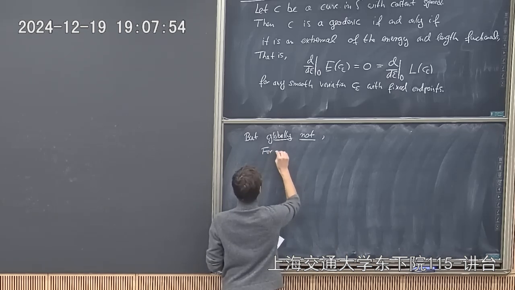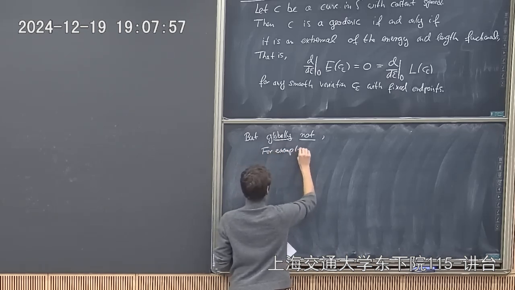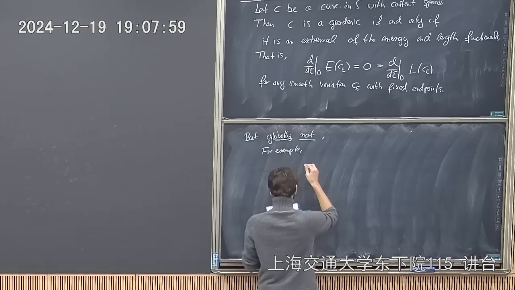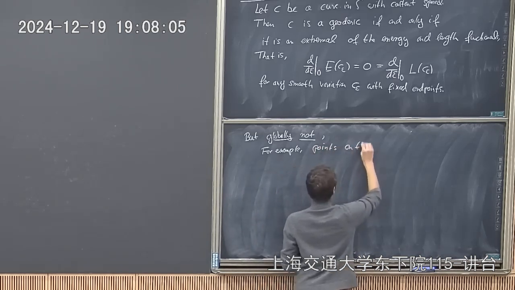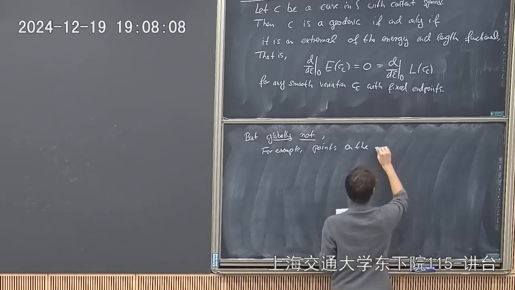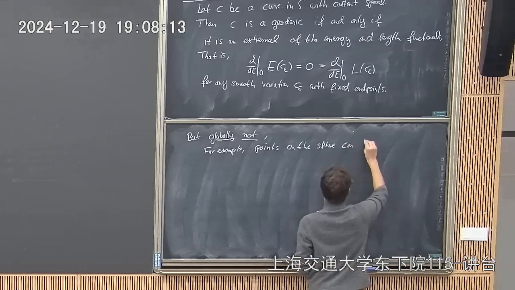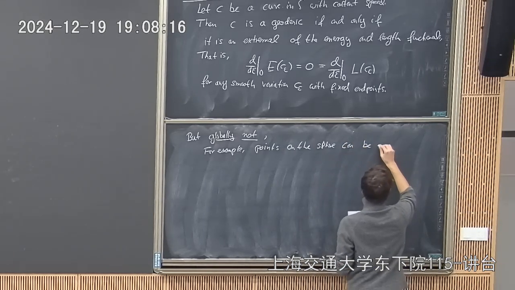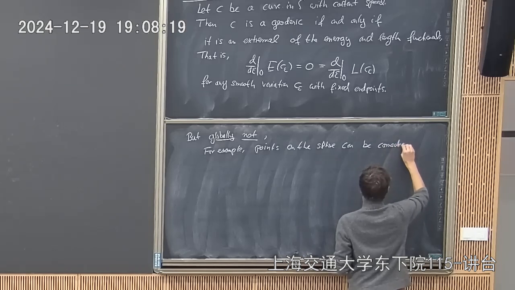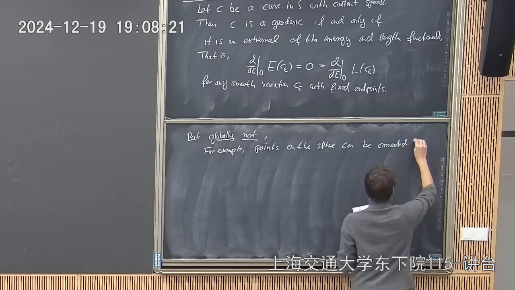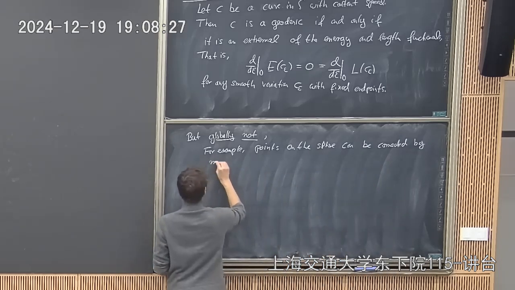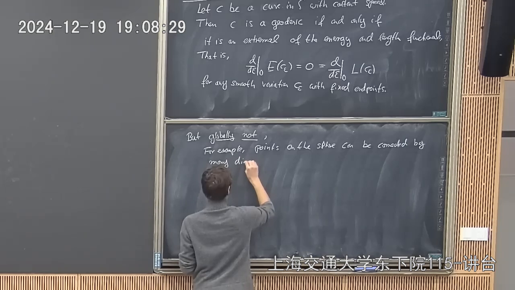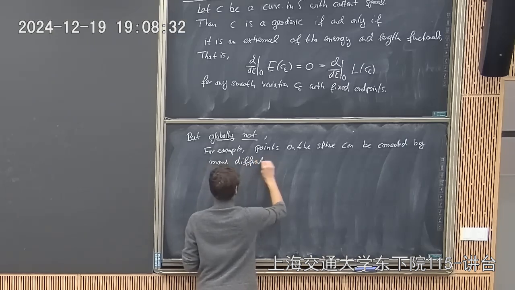For example, on the sphere, points can be connected by many different geodesics.